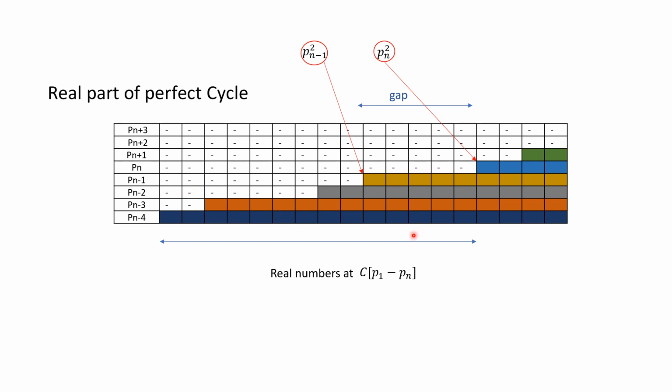So every new cycle is mapping the real number line. This gap will map this portion, the next prime will map this portion, the next prime will map this portion, and so on. And this is the gap of the cycle, Pn square minus Pn minus 1 square. This is the portion of the real number line that will be mapped before Pn square comes.